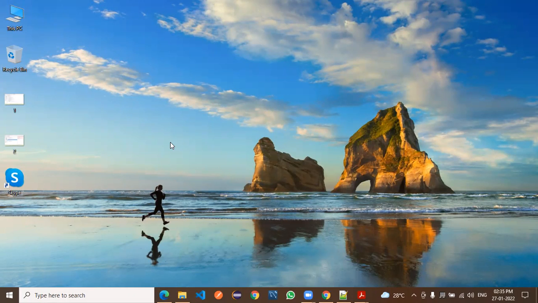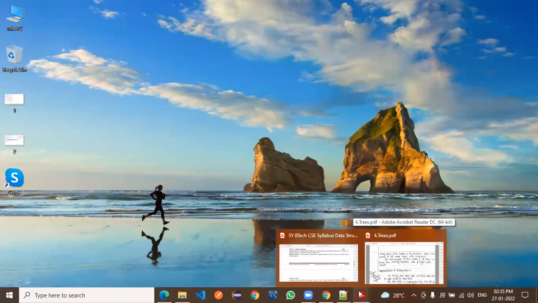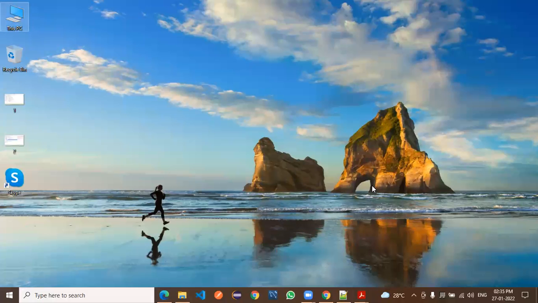Already I have added one more column there for the notes of the respective units. Up to linked list, I have already uploaded all the notes on the teaching diary, right? If you wish, I will share it on the group, but it's better on the teaching diary.